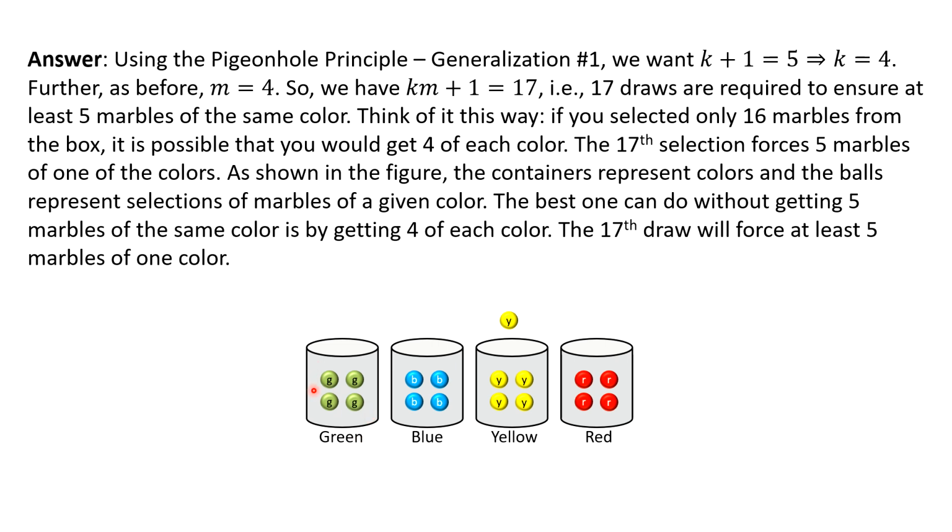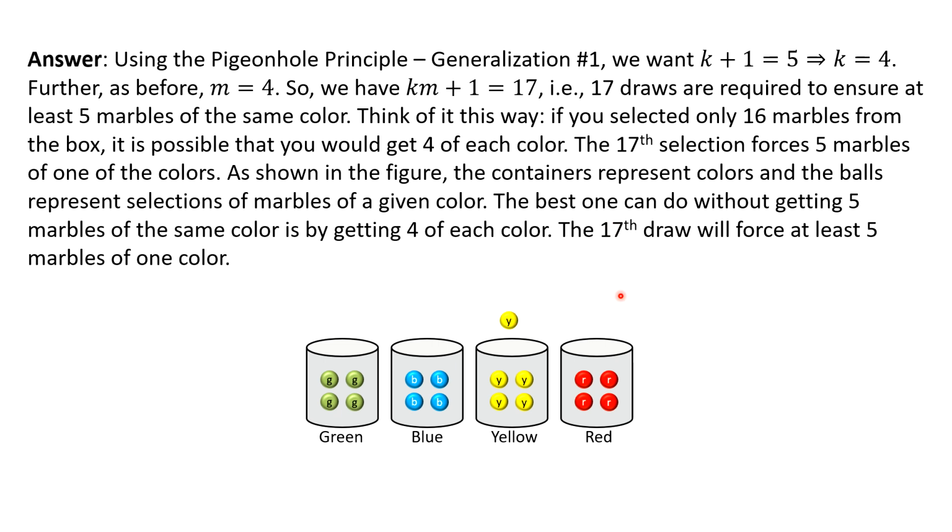And so you can see here, the worst case would be that in your first 16 draws, you get exactly 4 green, 4 blue, 4 yellow, and 4 red. And then on your 17th draw, you're going to have to pick a marble of one of these 4 colors. I showed yellow here, but it could be any of the 4 colors. So the answer is 17.